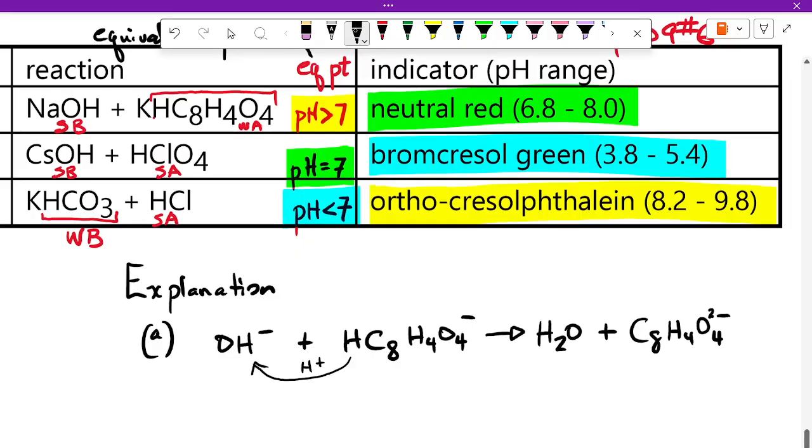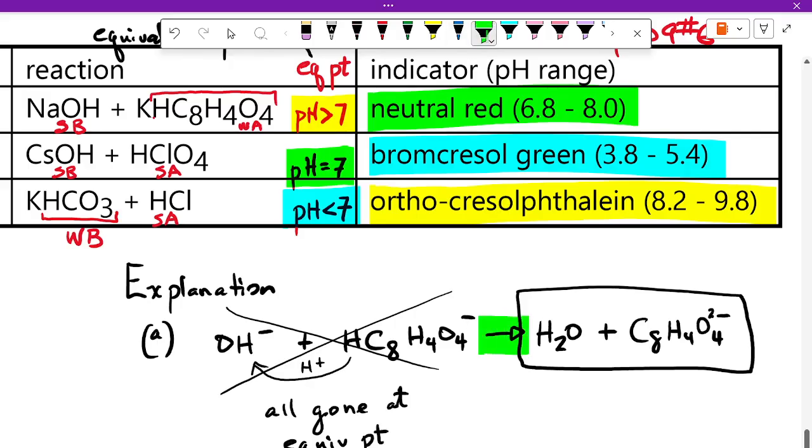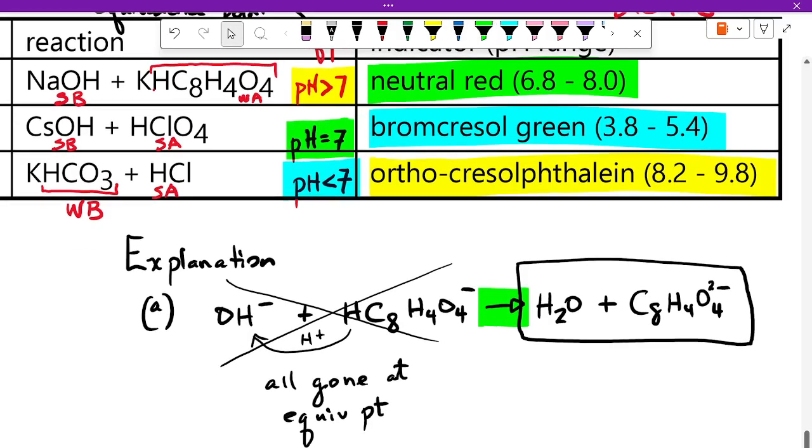Now, why is this solution, because this is all we have left, this is all gone, right? At the equivalence point, because that goes to completion, because hydroxide is a strong base.